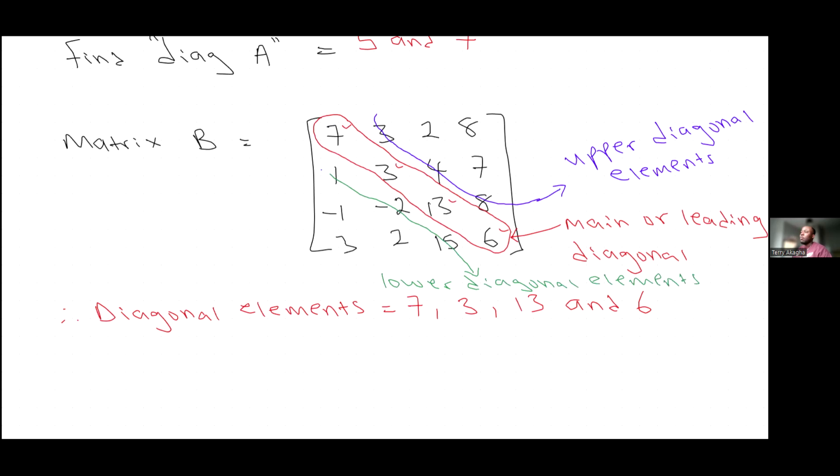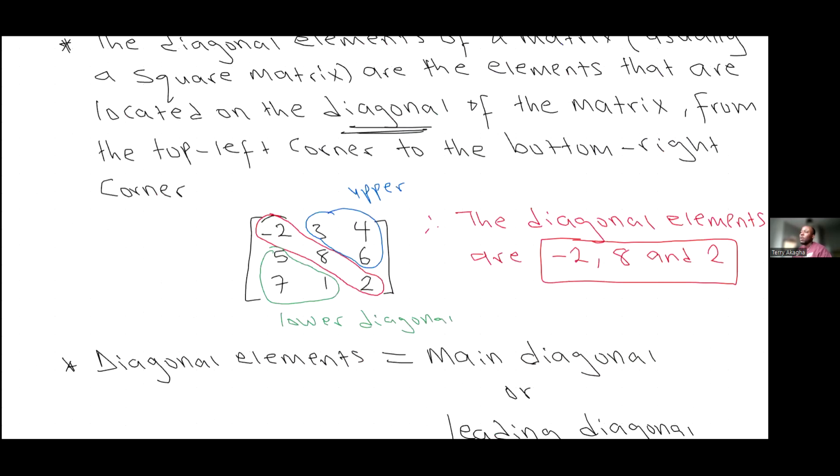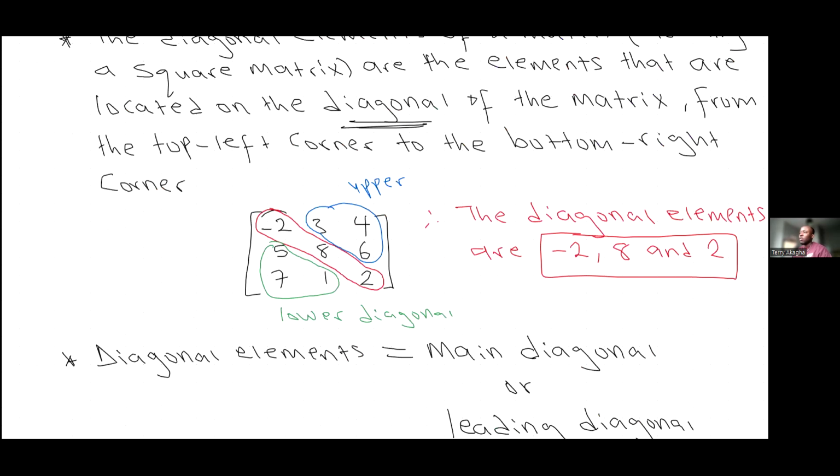Sorry, I beg your pardon, I think I drew this wrongly. The upper one is going to be this one, this way. So this is the upper diagonal element. Then the numbers at the bottom here, 5 and 1, are going to be the lower diagonal elements.